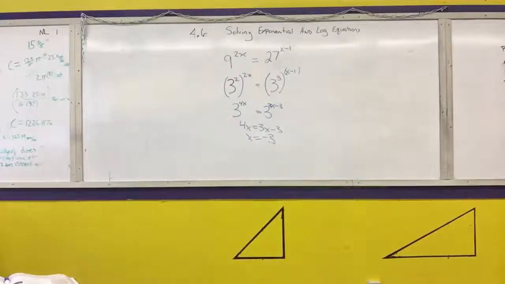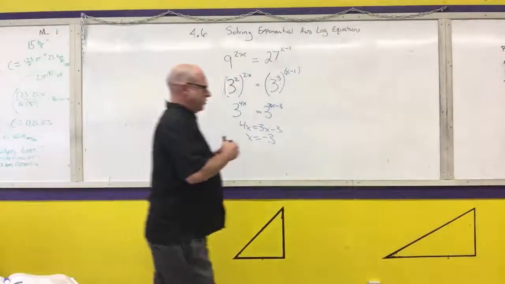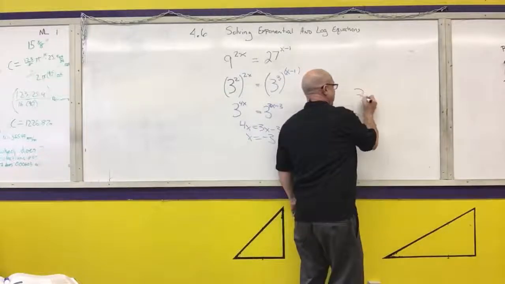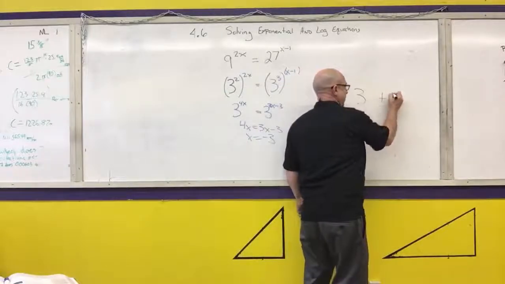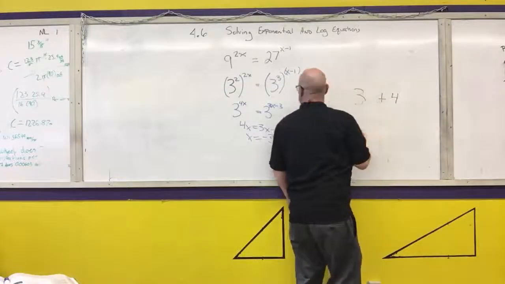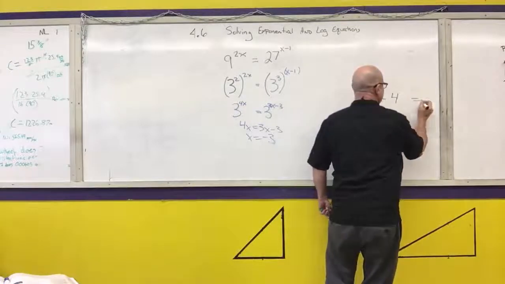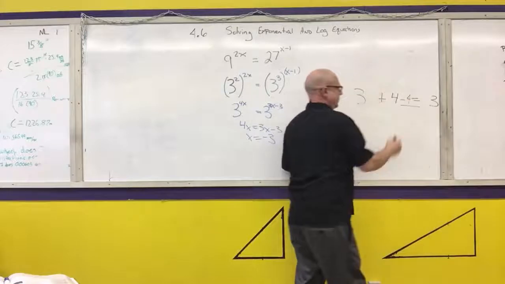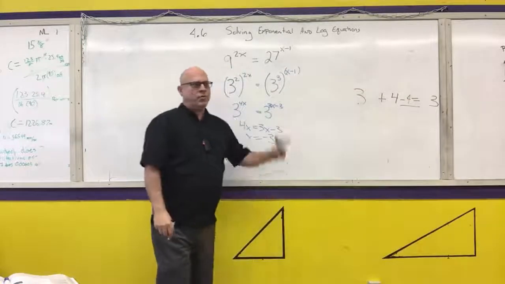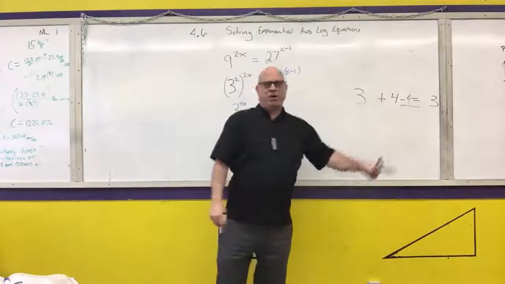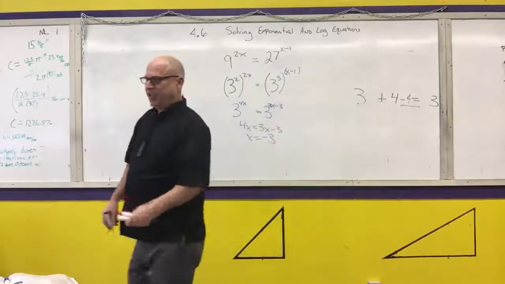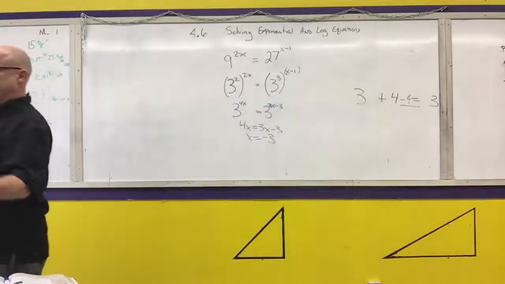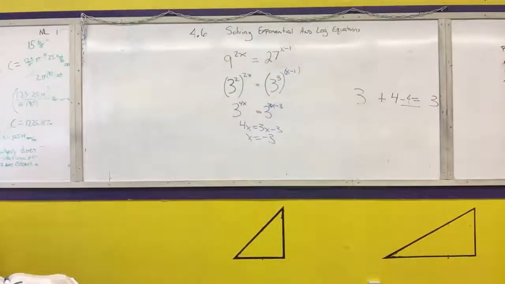Okay, so let's go back and think about elementary school. If I take number 3 and add 4 to it, what do I have to do to it to get back to 3? Okay. 4 and negative 4 are inverses of each other. Addition and subtraction are inverses of each other.